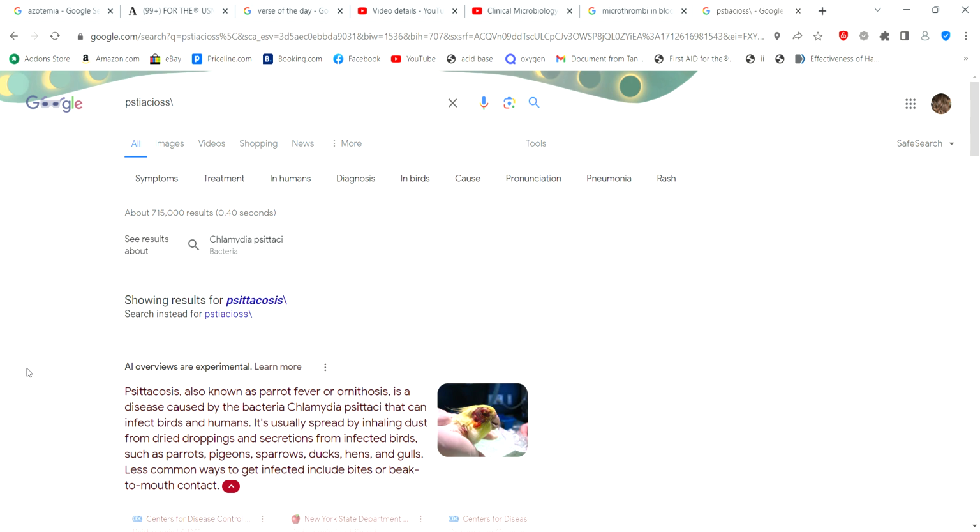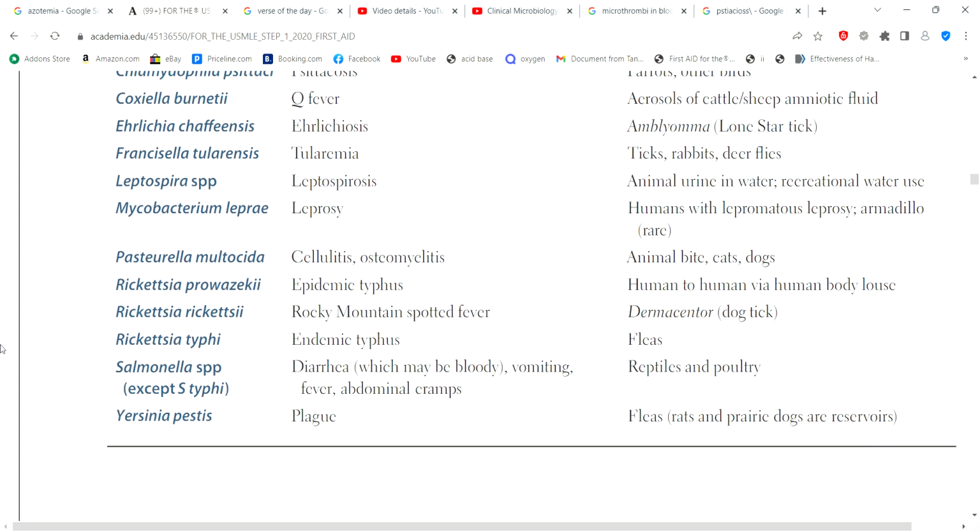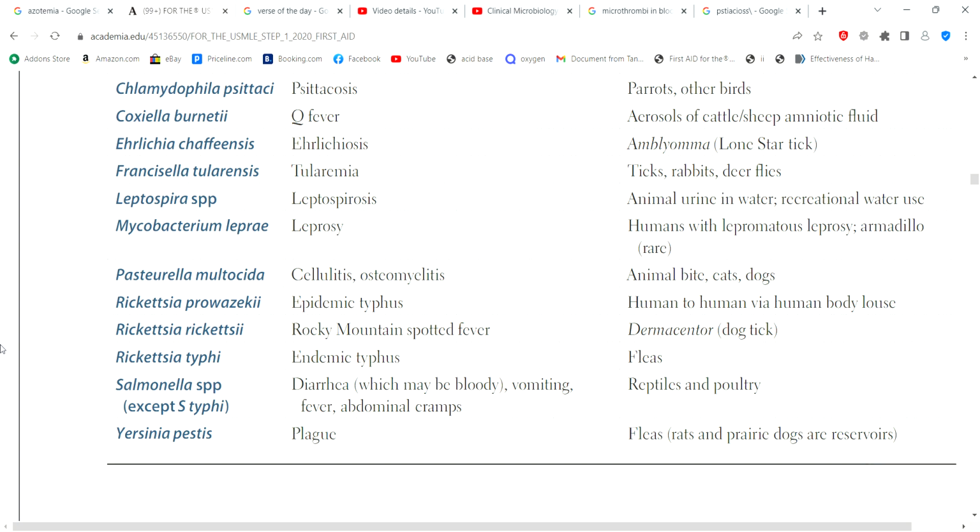Next is Coxiella burnetii. Coxiella burnetii causes Q fever. It's transmitted by aerosols of cattle and sheep amniotic fluid. Sheep amniotic fluid.